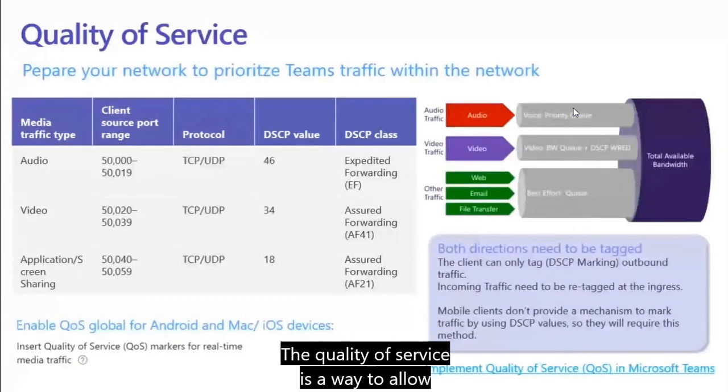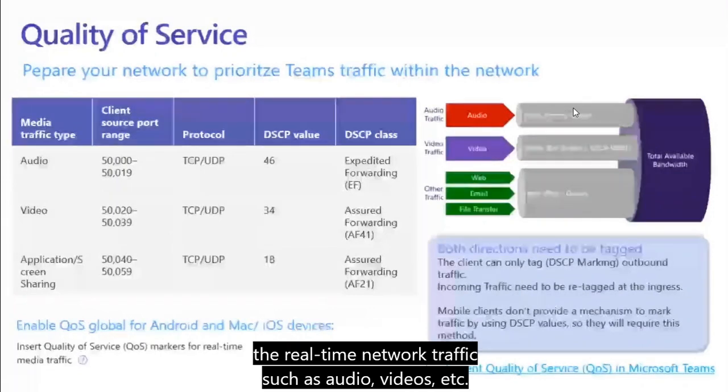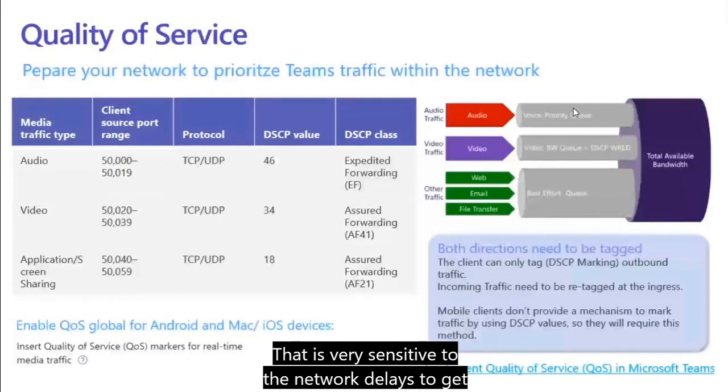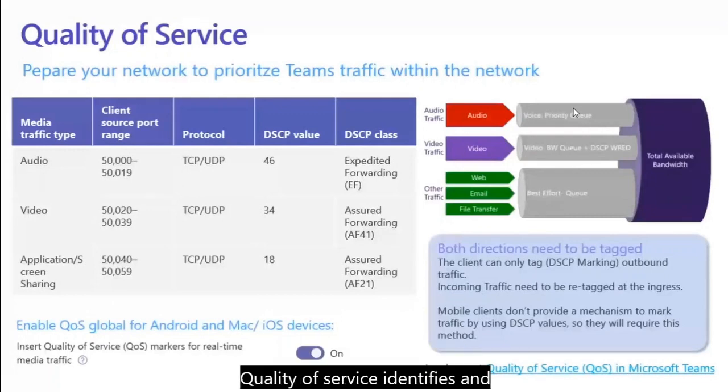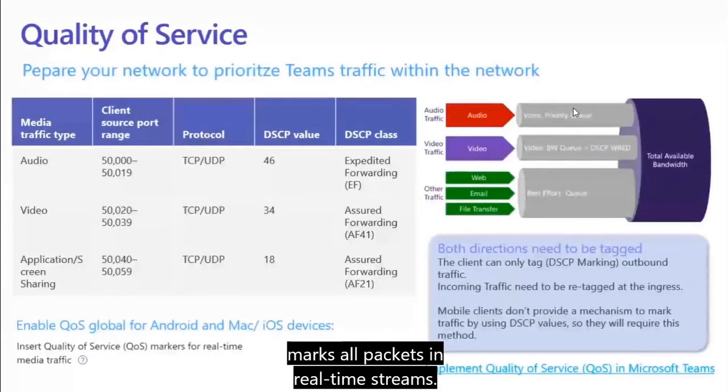Quality of service is a way to allow real-time network traffic such as audio and video, which is very sensitive to network delays, to get prioritized in front of other less sensitive traffic. Quality of service identifies and marks all packets in real-time streams.